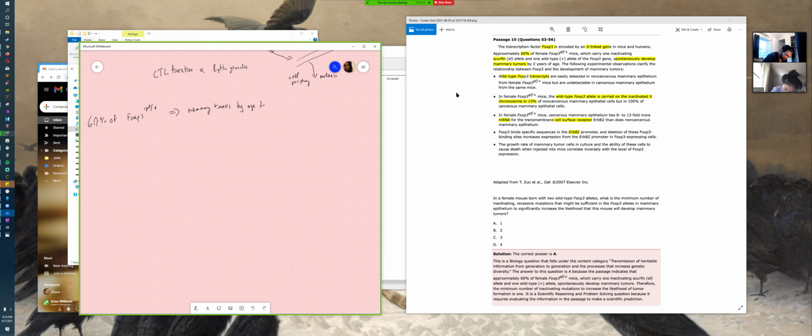So cancerous with a C, non-cancerous with an NC. So I'll just write cancerous, undetectable, non-cancerous, detectable. And I guess in the middle, I'll just put wild type in case.